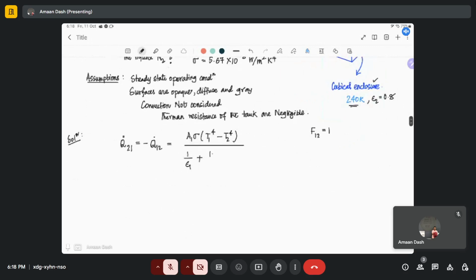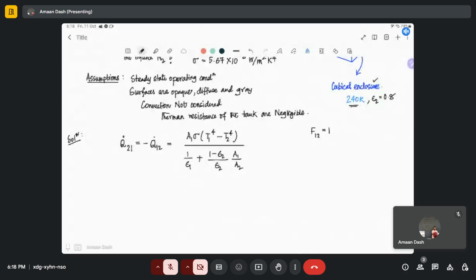Everything will be going out, nothing will strike back to the spherical tank. So q dot 2 to 1 will be exactly equal to minus q dot 1 to 2. This is a simple simplification we can do to easily calculate the net rate of radiation transfer to the liquid nitrogen.